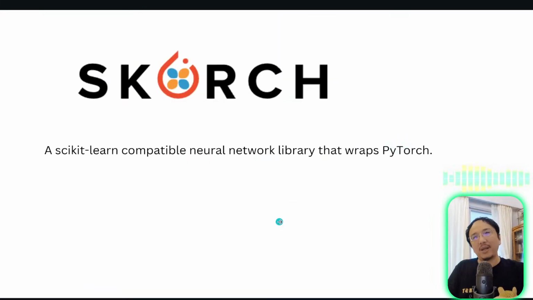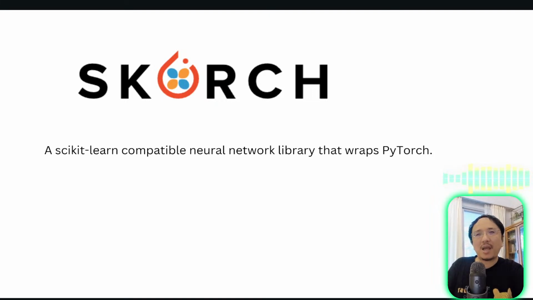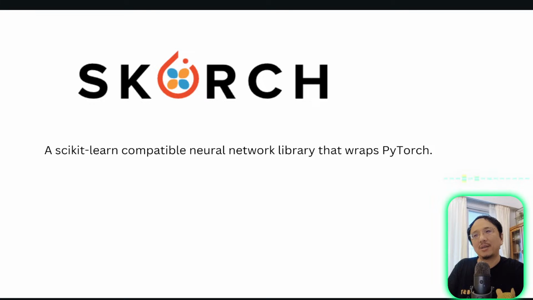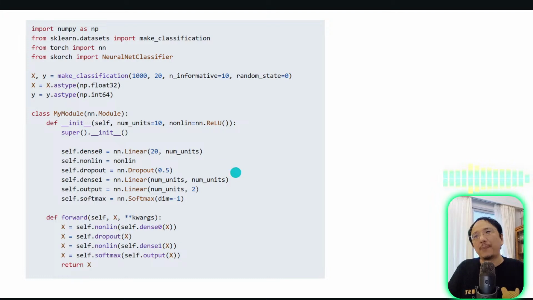Another library is Skorch. Skorch is scikit-learn meets PyTorch, as its name suggests. It gives PyTorch a scikit-learn interface, so it can make PyTorch work with scikit-learn. For example, you define a model using PyTorch.